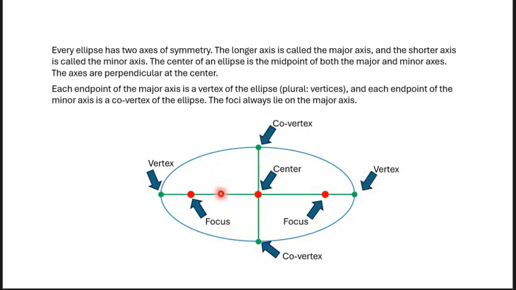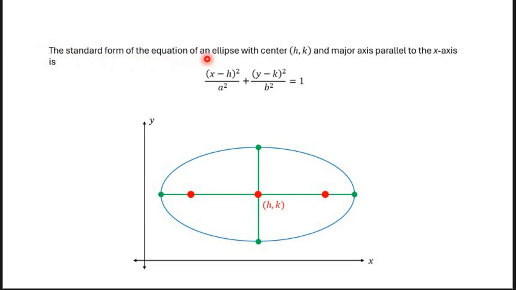So now let's talk about the equation of an ellipse. The standard form of the equation of an ellipse with a center at the point (h, k) and with a major axis parallel to the x-axis is given by this equation, which is the fraction (x minus h) squared divided by a squared plus the fraction (y minus k) squared divided by b squared equals 1.